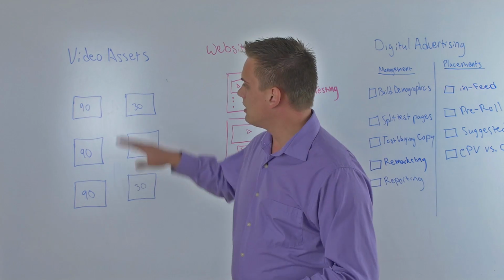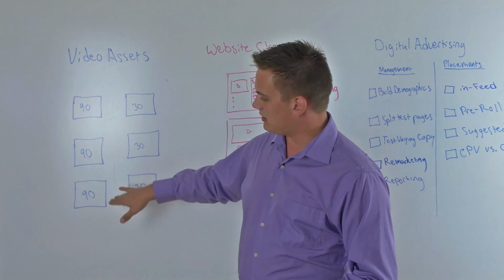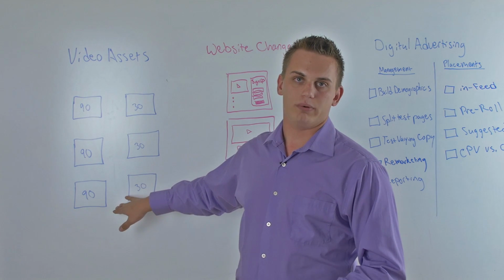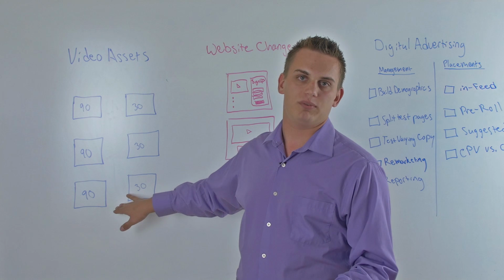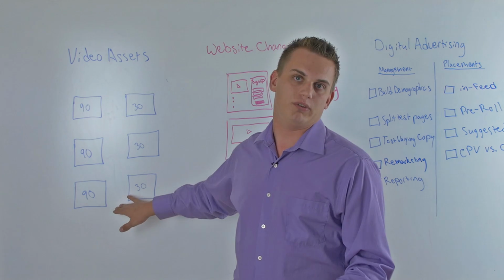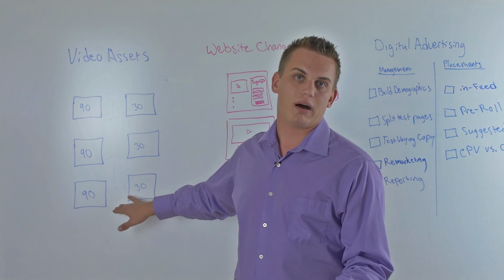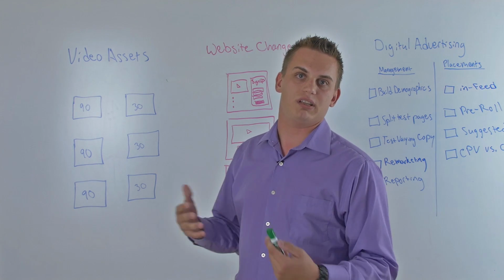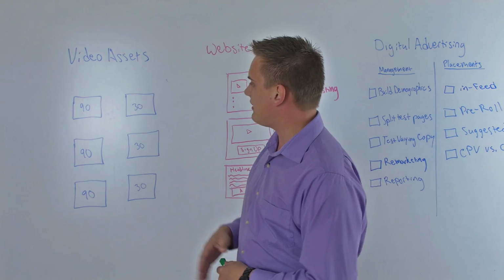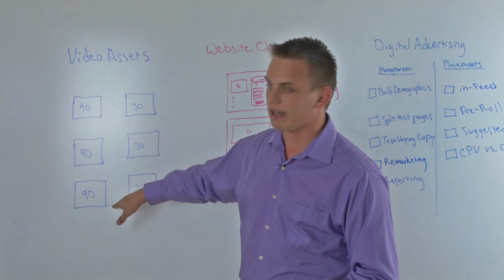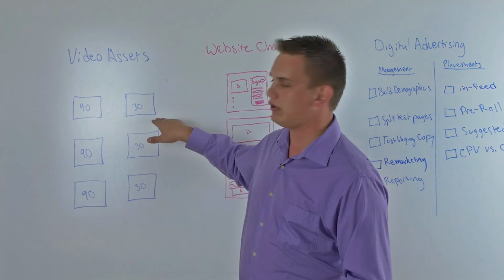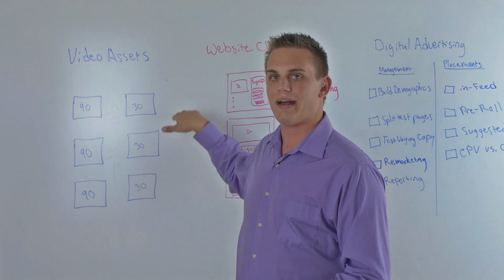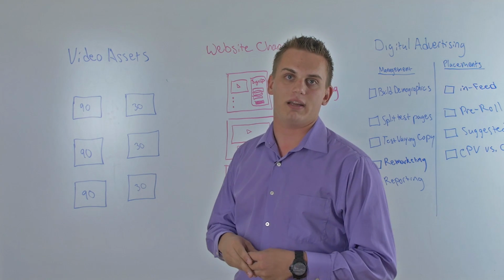And we start by defining 3 90-second videos that we would shoot to be assets on the website that would lead to higher site visit duration. Now that's going to cause a positive SEO impact whenever people are on your site and spending time watching these actual videos. Outside of that, you can take the same exact 3 assets and re-edit them to 30-second, and sometimes even have a third column here of 15-second ads.